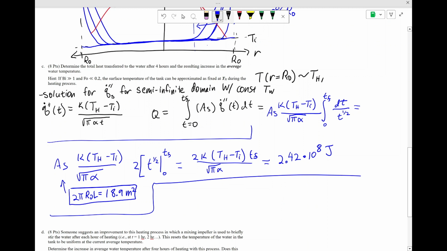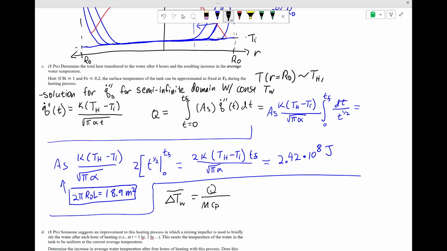Okay, and then if we want to know the total average change in the water temperature, we could say that the average change in the water temperature is going to equal that total heat input, Q, over m of the water times Cp.